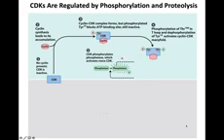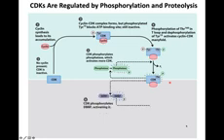Further activation is achieved when cyclin-dependent kinase also phosphorylates and activates a phosphatase that dephosphorylates tyrosine 15. The active cyclin-dependent kinase is now ready for further cell-mediated signaling, and this can initiate various signaling pathways for the cell cycle.